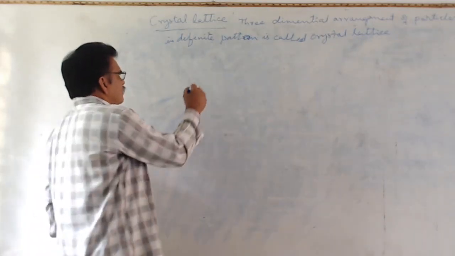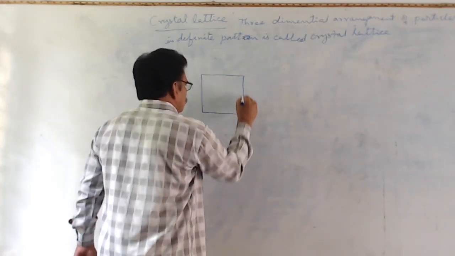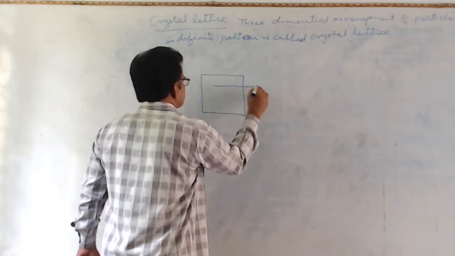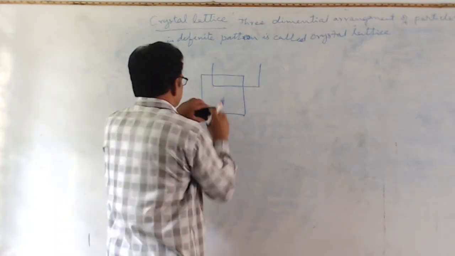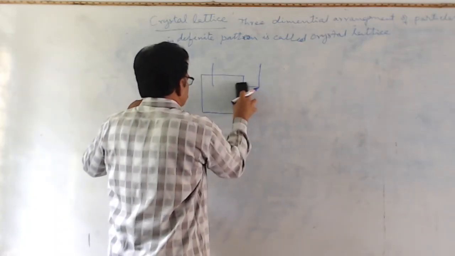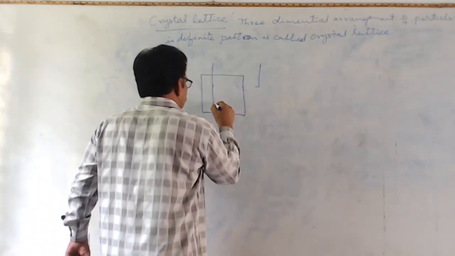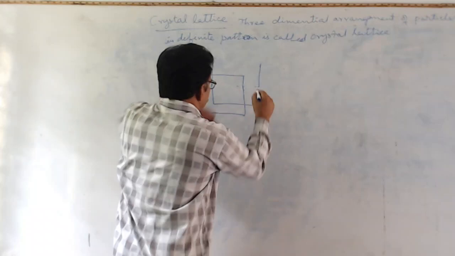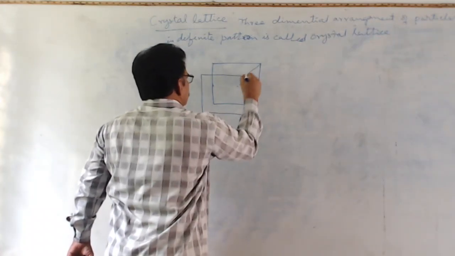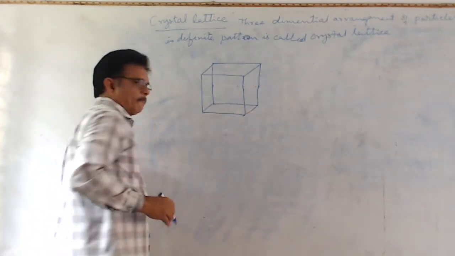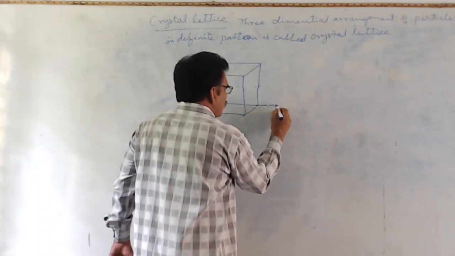For example, if we take a cubic crystal like this, it is like a cube. If the crystal is like this, it can be resolved into three coordinate axes.